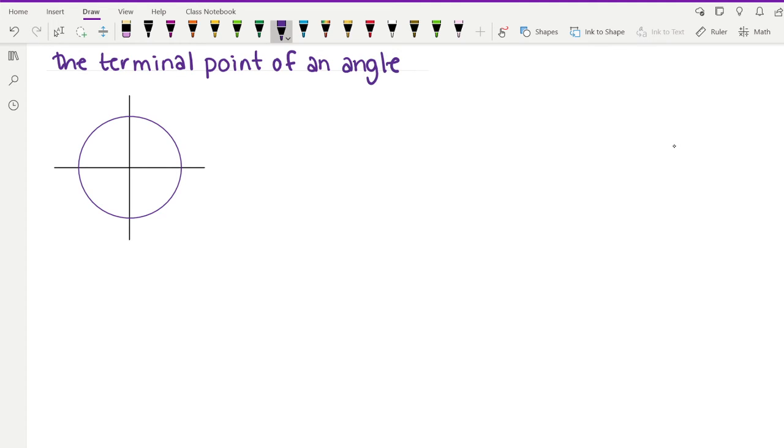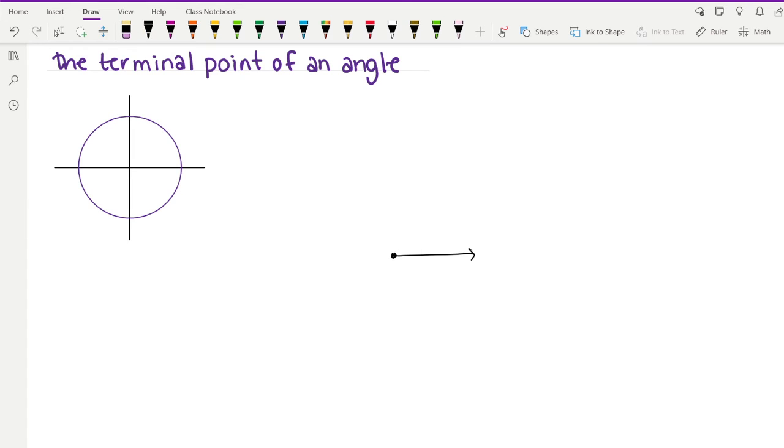Okay, so remember that when we first introduced angles, we talked about the terminal side, right? We talked about how you have your initial side. So if you're just graphing an angle kind of floating on its own, you have your initial side like this, and then you have your terminal side up here. And here's your angle.